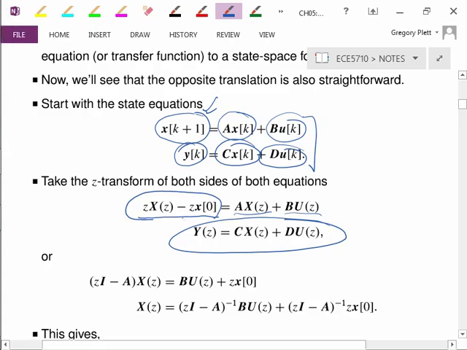To rearrange this, we'd like to start with the first equation, solve for x, and then plug that into the second equation to eliminate x, and have an input-output relationship that relates u to y directly.